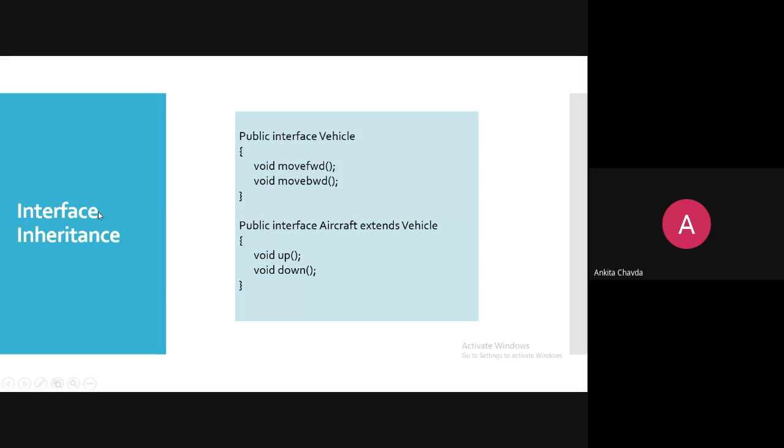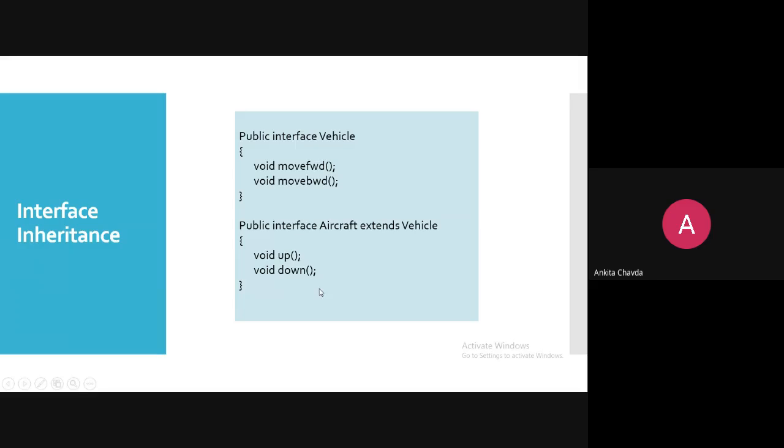Now this is what is called interface inheritance. Here I have one interface, vehicle, with two methods, move forward and move backward. Now I have another interface, aircraft, which extends vehicle and has two extra methods, void up and void down.